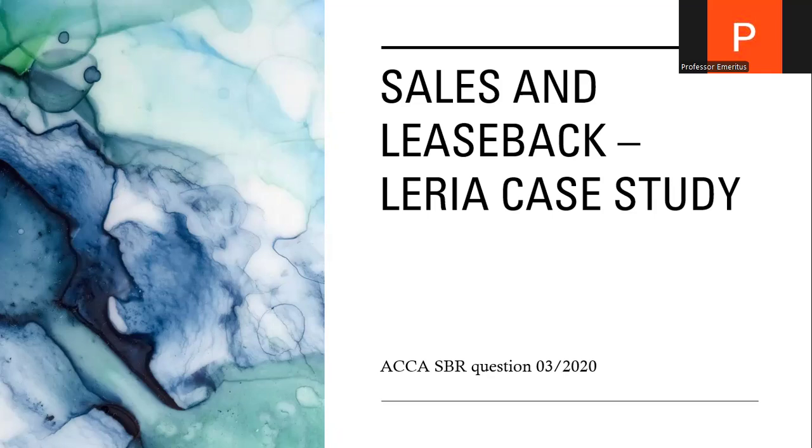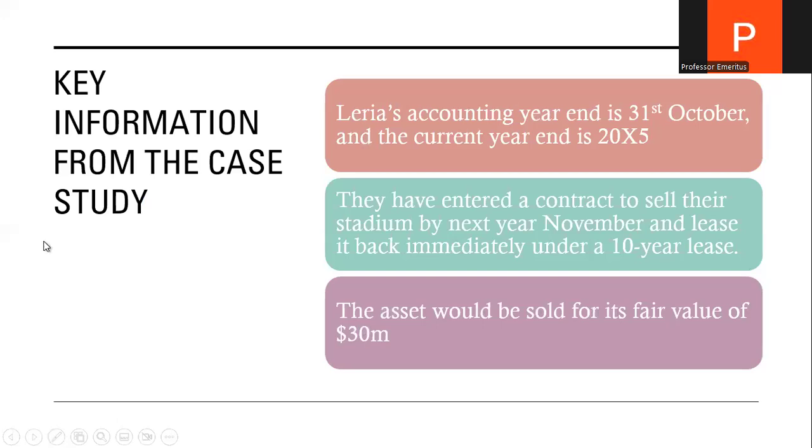If you have read through that question, you are going to find that the following key information is available in the question. Key information number one is that Leria's accounting year end is 31st October, and the current accounting year end for the company is 20x5.